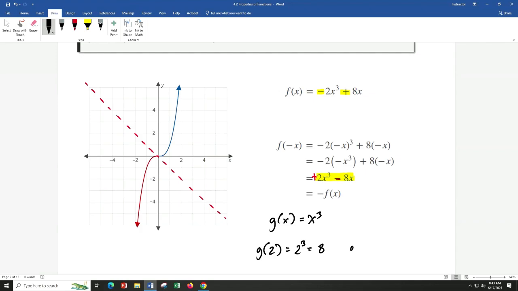But if I put g of negative 2, that becomes negative 2 cubed. That thing's going to stay negative, isn't it? So out the back end, now I have a negative 8. But notice the 8 still showed up. That tells me I have an odd function.